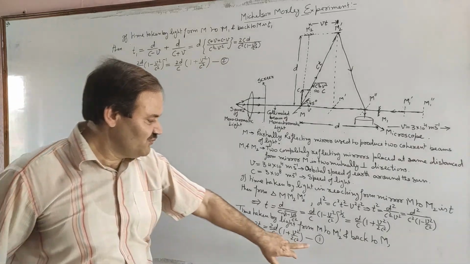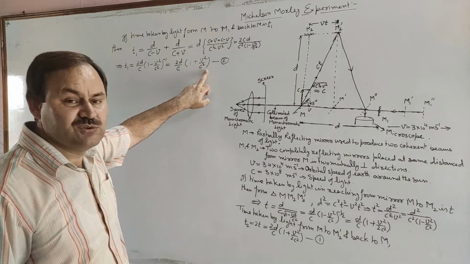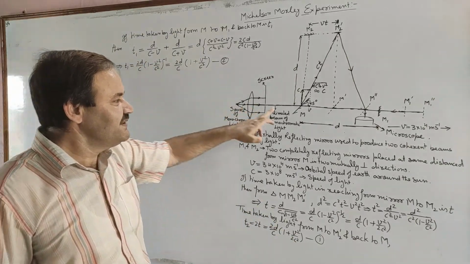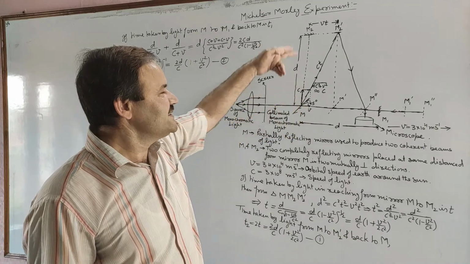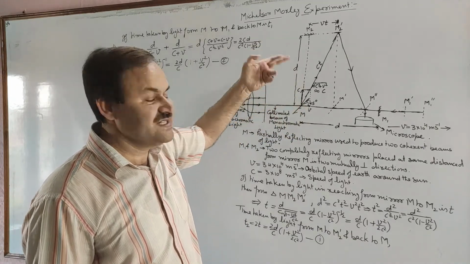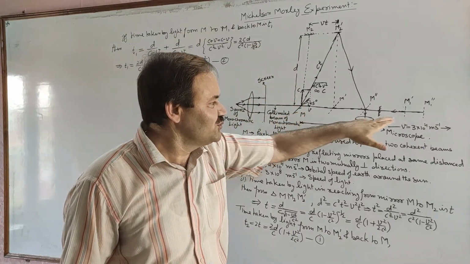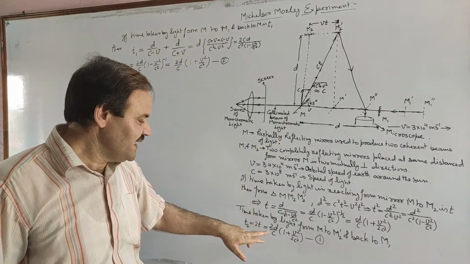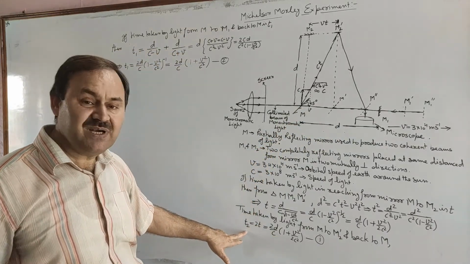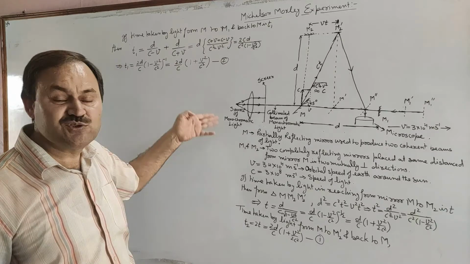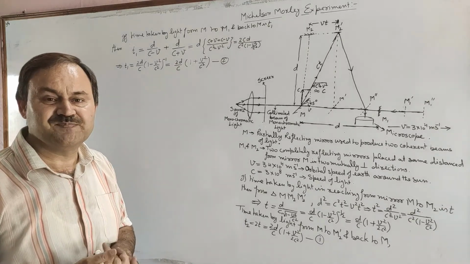From 1 and 2 we find that even though light travels the same path, d plus d, 2d here and 2d here, yet the time taken to cover these two paths is not the same.